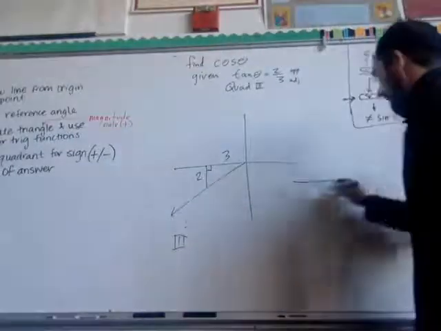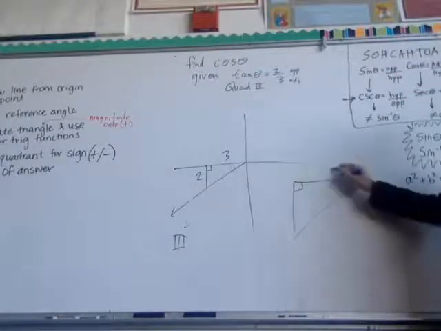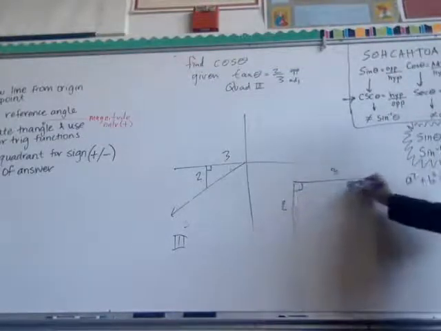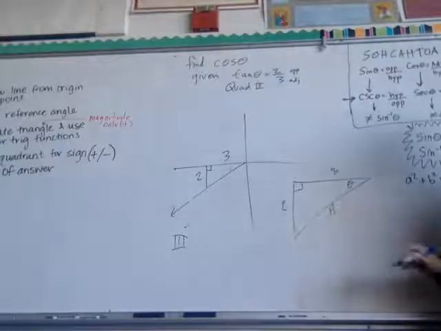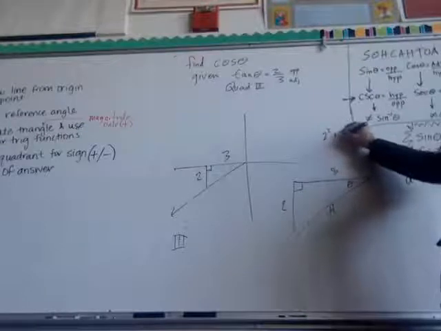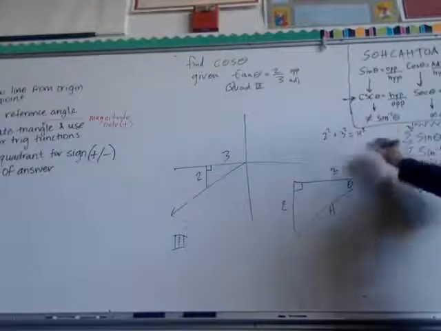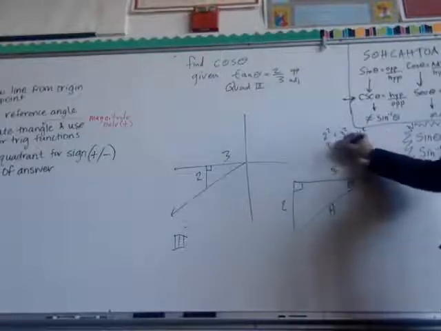All right, so we have a triangle like so. 3, 2, theta. Let's find this hypotenuse. What should I do? Does anybody see the Pythagorean triple here? Four plus 9.